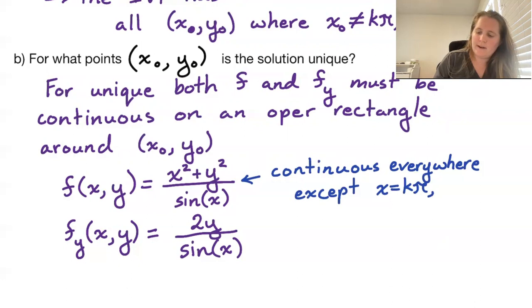That results in dividing by 0 because sine of k times pi is equal to 0.